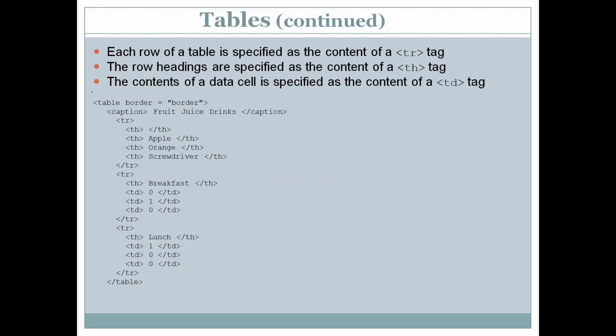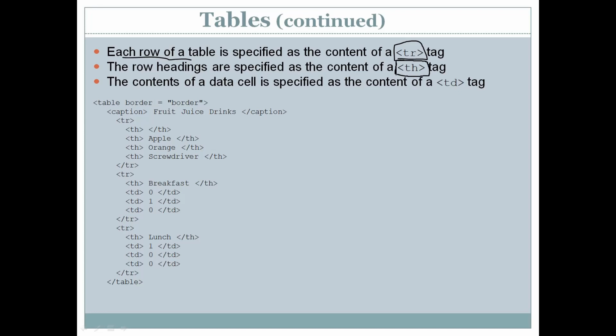Now how do we specify rows in a table? Rows are specified with the tag tr, which stands for table row. Heading cells can be specified by using the th tag, that is table heading.